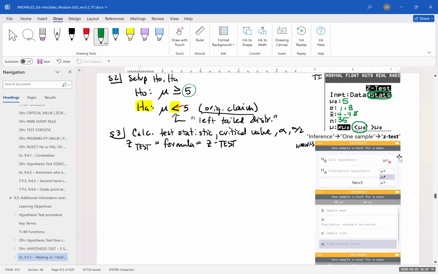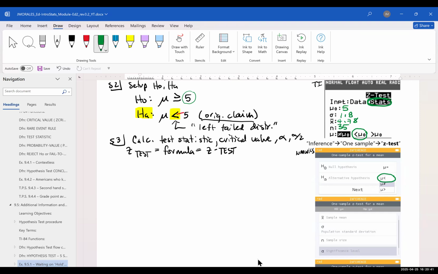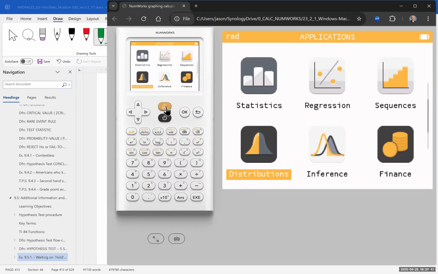Now the null hypothesis, I think it'll change based off of the alternate that you choose. So what we're going to be choosing here is mu less than. And I think it'll ask us for a number. I'm not sure. Let's go ahead and take a look at that because we might as well figure out what it's going to be.